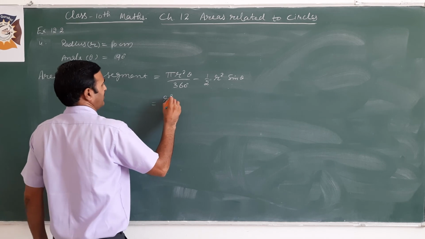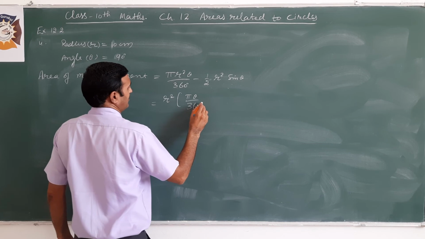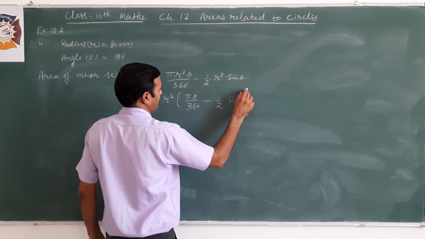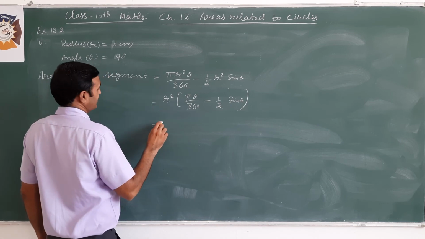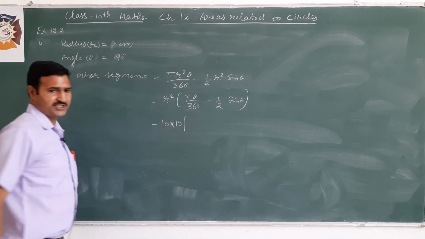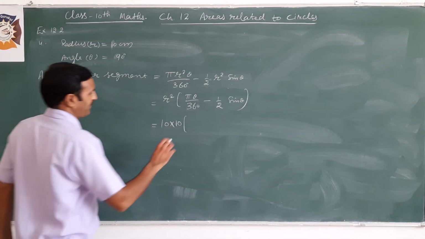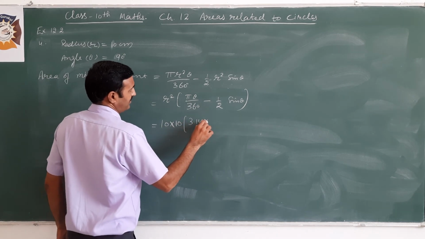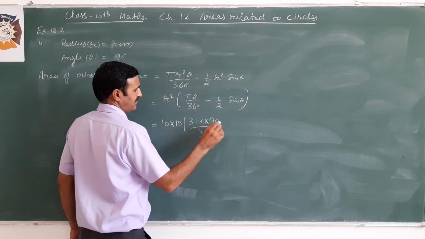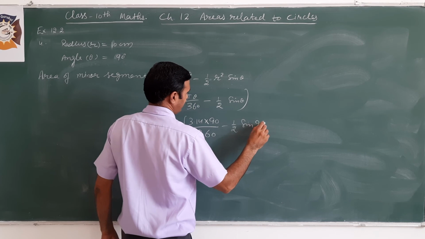R square is common, pi theta upon 360 minus 1 by 2 sine theta. Put the values. R is 10, pi, no, 22 by 7 is not used, pi is given 3.14, theta 90 degree upon 360 minus 1 by 2 into sine 90 degree.